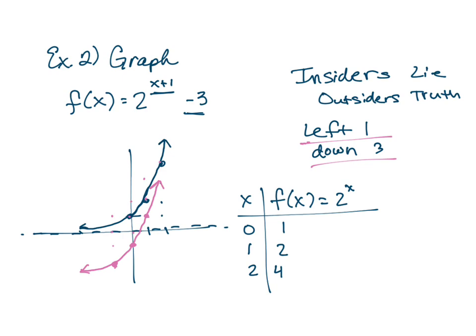What's my new horizontal asymptote? It was at y equals 0. The whole function shifted down 3. So now my asymptote is at y equals negative 3. What's the domain of the new function?